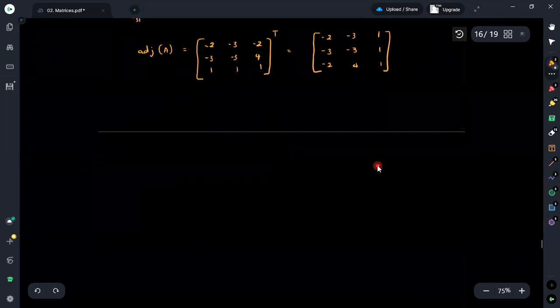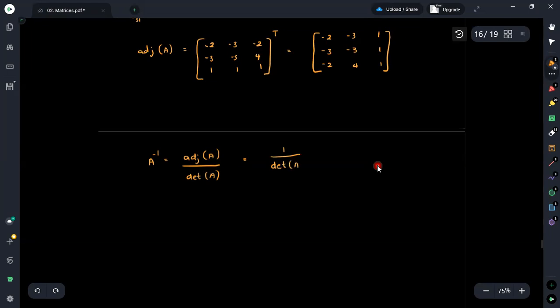Therefore, we can write down the equation in this form: A inverse is equal to the adjoint of the matrix A divided by the determinant of matrix A. Rather than writing it this way, I will just transform this equation. Here I will take the denominator as the determinant of A. It is because we are getting a numeric value here, and this is multiplied with the adjoint of matrix A. The same equation is expanded in this form, which will make our calculation easy.